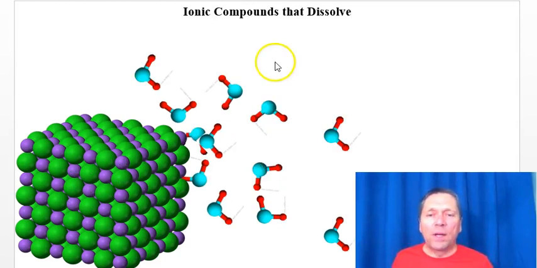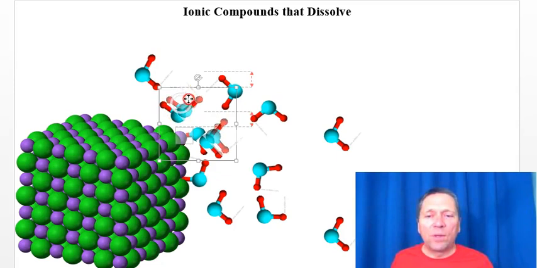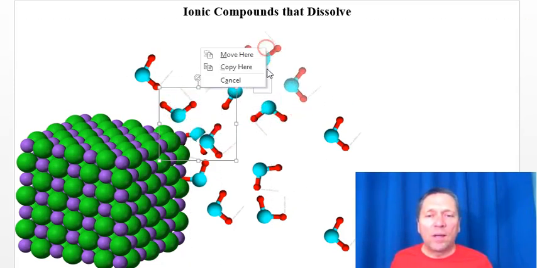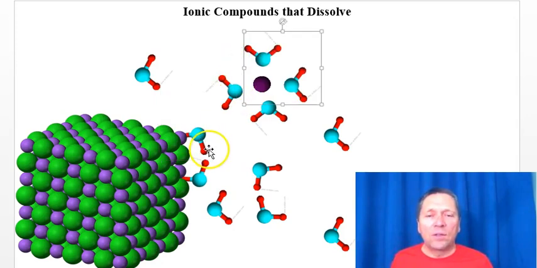Now, when an ionic substance dissolves, the ions move out from where they are, from the material, and they move and they become hydrated. So this cation has moved out from the material, from the compound, and now it's dissolved.